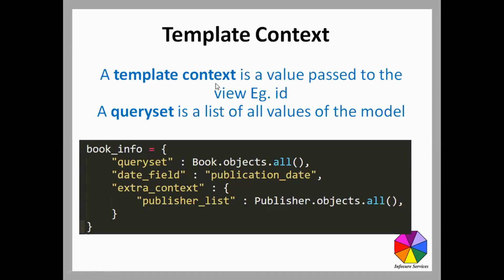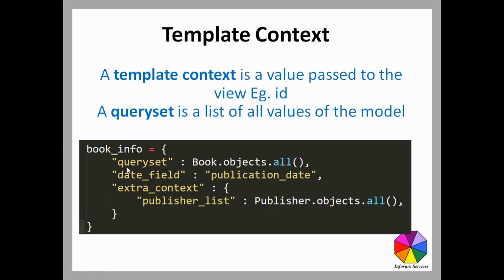Okay, template context, and in this case, I have a book. Instead of a blog, it's book info. The details of all those books are fetched. Okay, so there is a query set here which can fetch a collection, a list of all the model values. Let's say it's a library and there are a few books which you have borrowed.